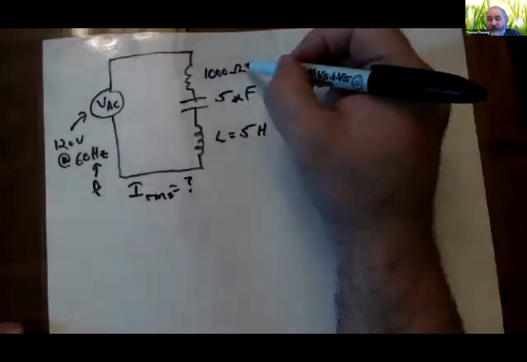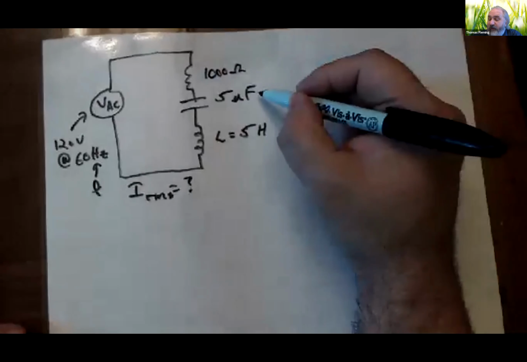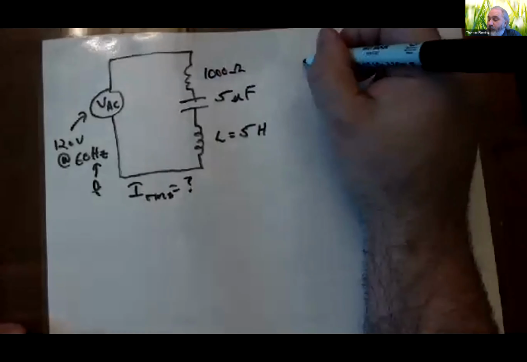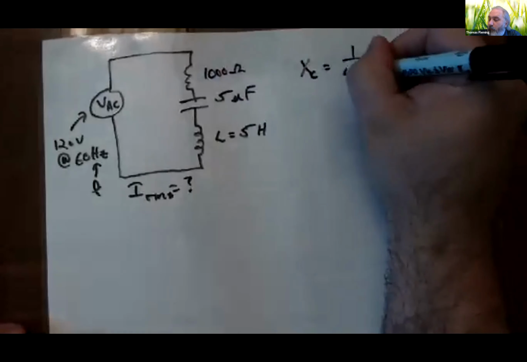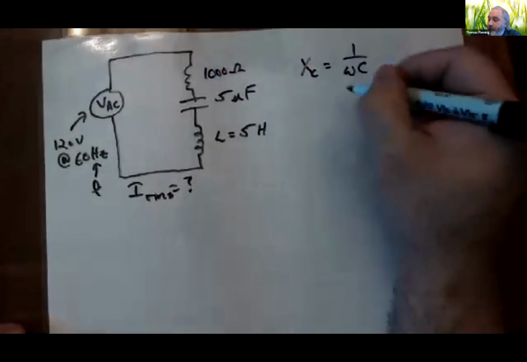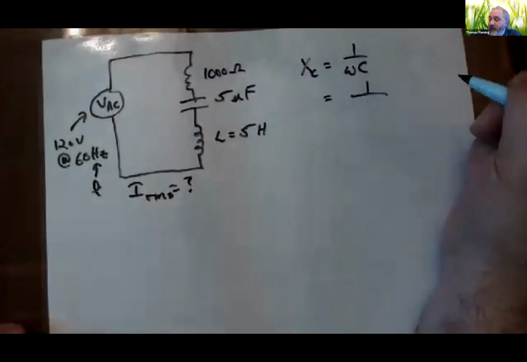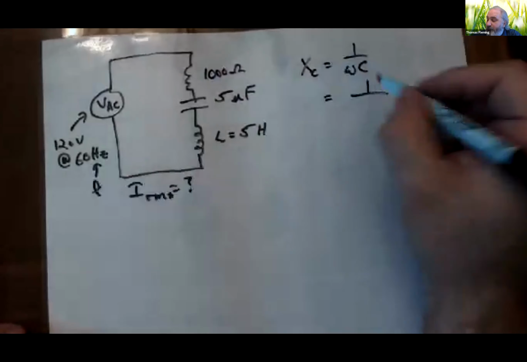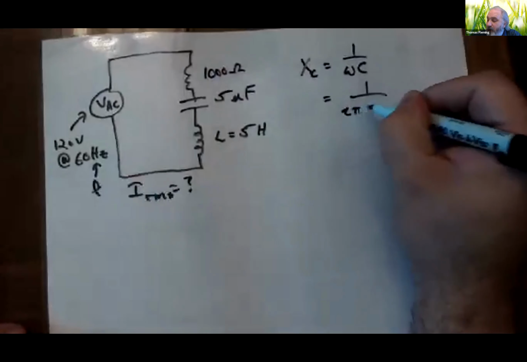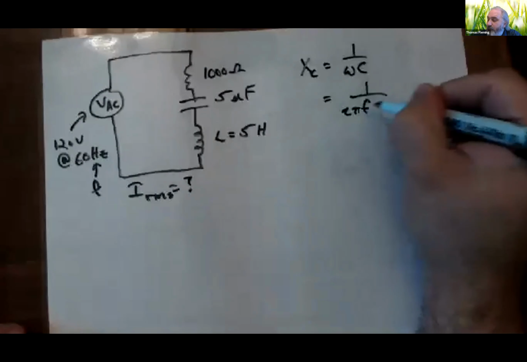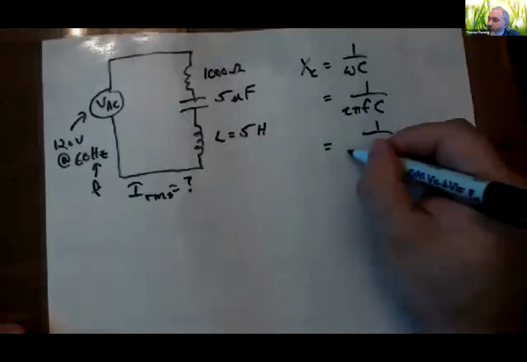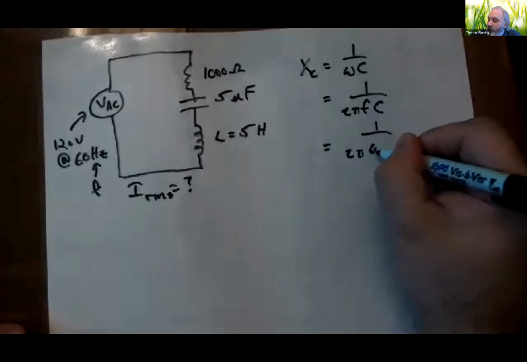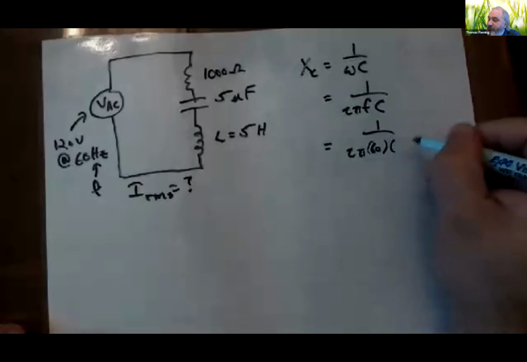So R is easy. That's this. Now, to get XL, there's going to be XC. XC is going to be 1 over omega times C. Now, what's omega? Well, omega is 2 pi times F. So 2 times pi times F times C. So 2 pi times 60 hertz, and C is 5 microfarads.